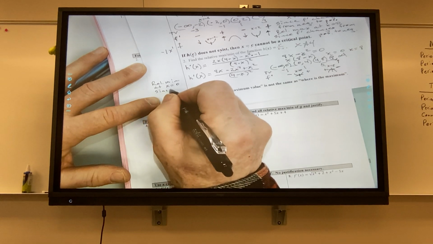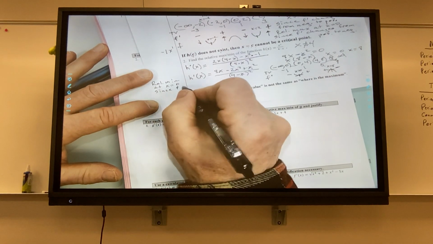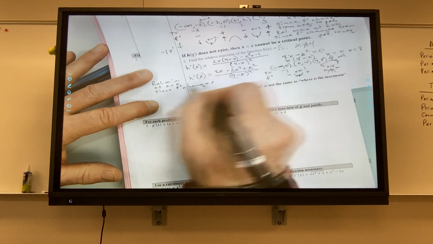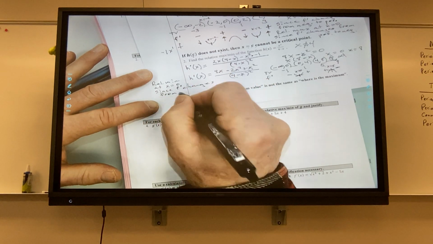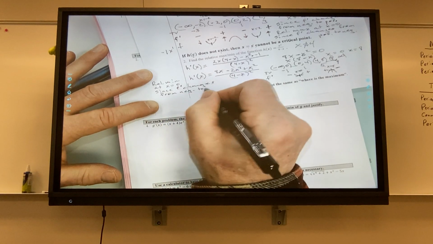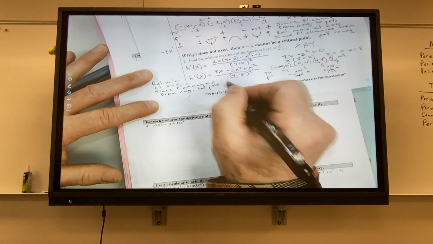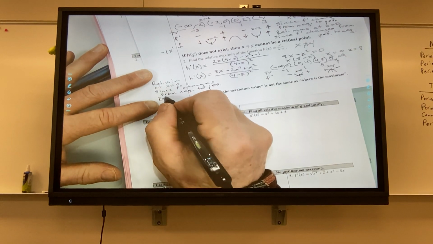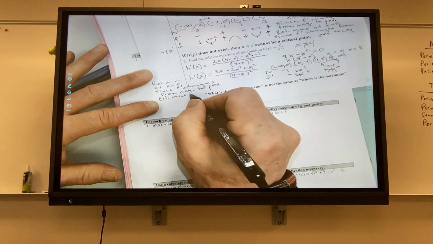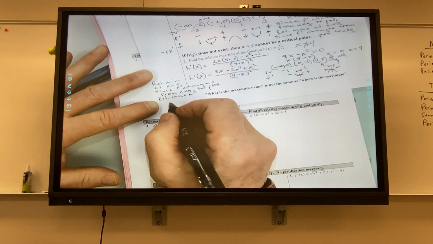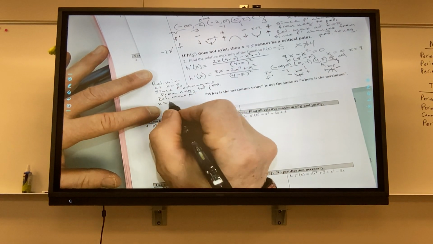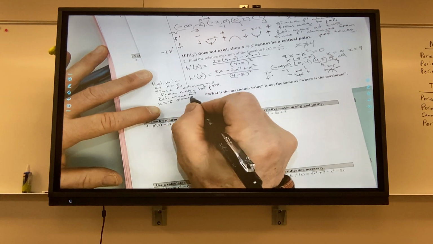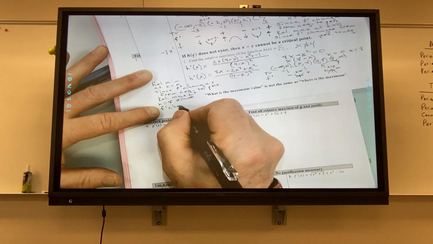Since F prime changes from negative to positive. And what about, there's a relative max at what? X equals 8. Since F prime changes from positive to negative.